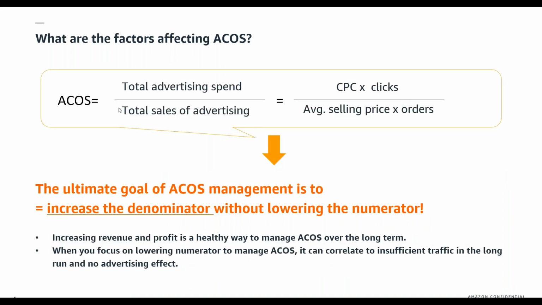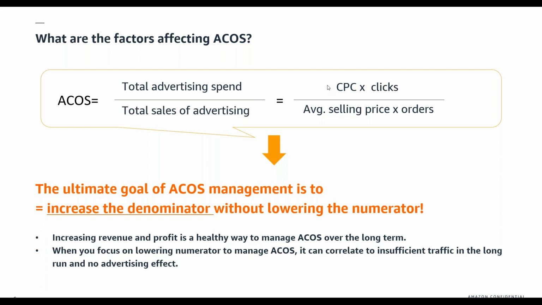If we further break down our ACOS formula, your total ad spend is basically the number of clicks that you are getting and the cost per click for either the keyword or the product target. Especially when you start targeting manual keywords, you'll see Amazon putting up in the ads console the CPC per keyword.